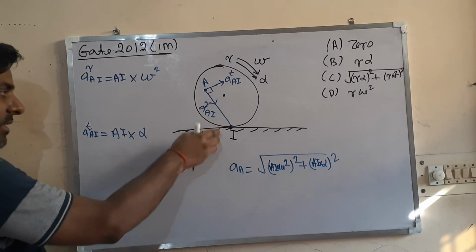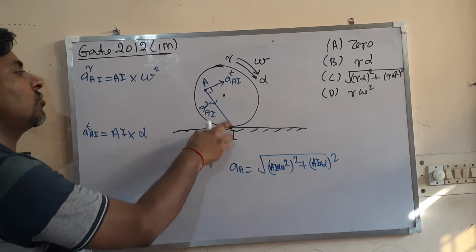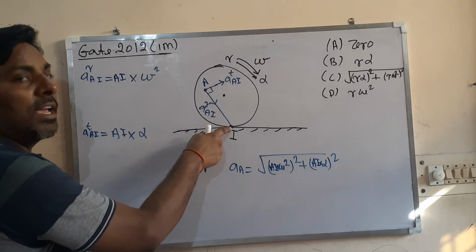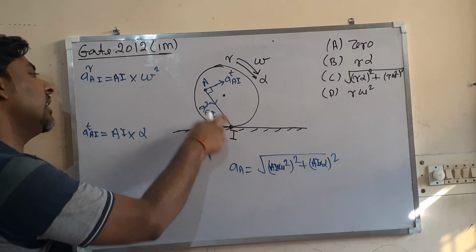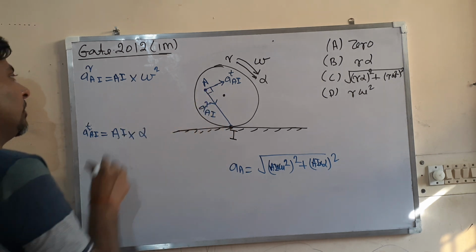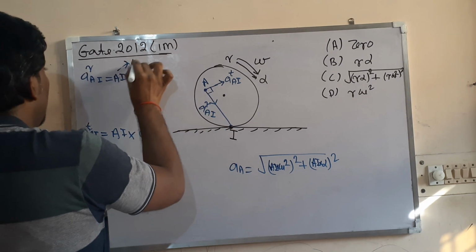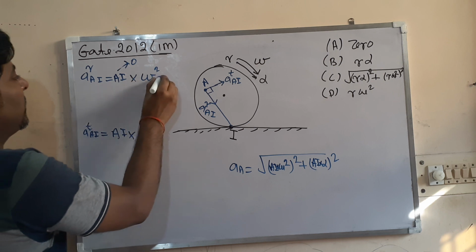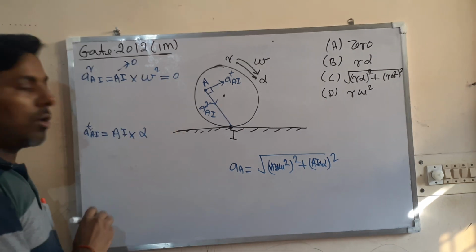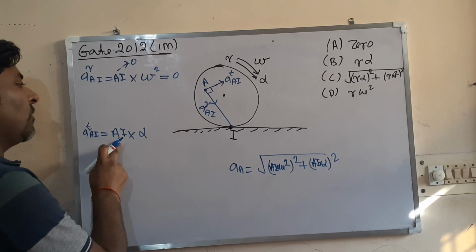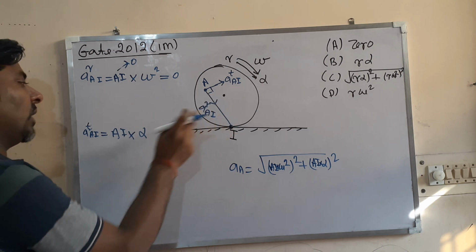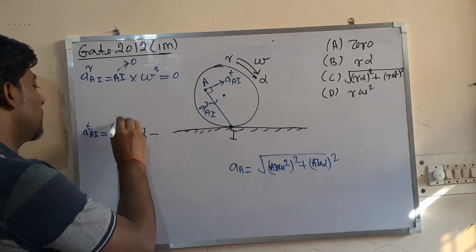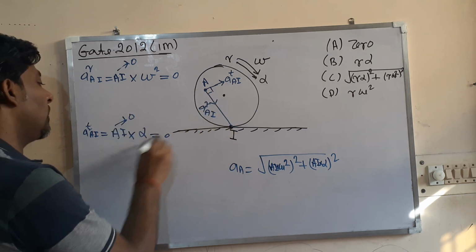Now, he is asking the acceleration of the point of contact, which means that point A will come to the I. When the point A comes to the I, its radius AI will be 0. When this AI is 0, the radial acceleration will be 0. Again, when this AI is 0, point A comes to the point I, so this is 0, and then the tangential also becomes 0.